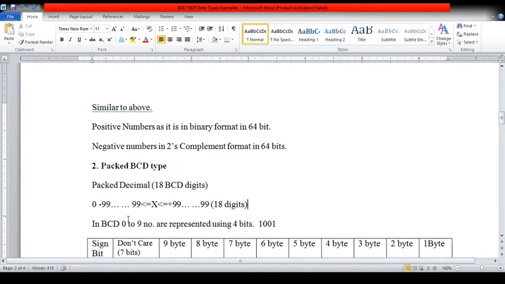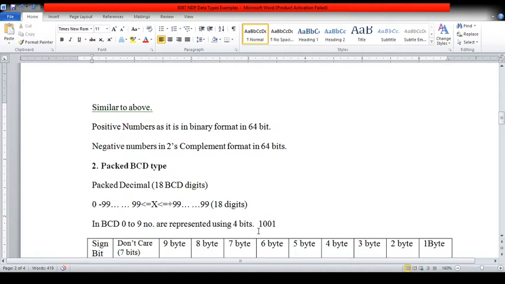There are again two types of BCD, packed BCD and unpacked BCD. Packed BCD format uses the complete byte for the representation of a number. It means 4 bits are required for each digit, so in a byte I can take 2 BCD digits.